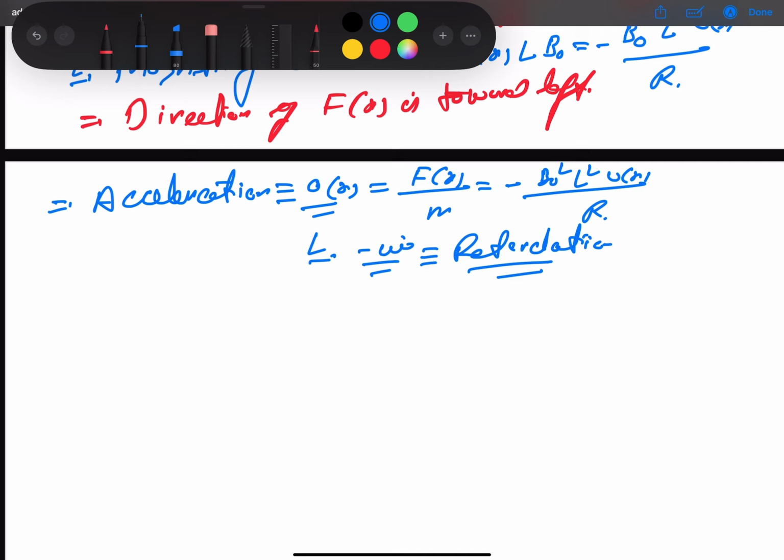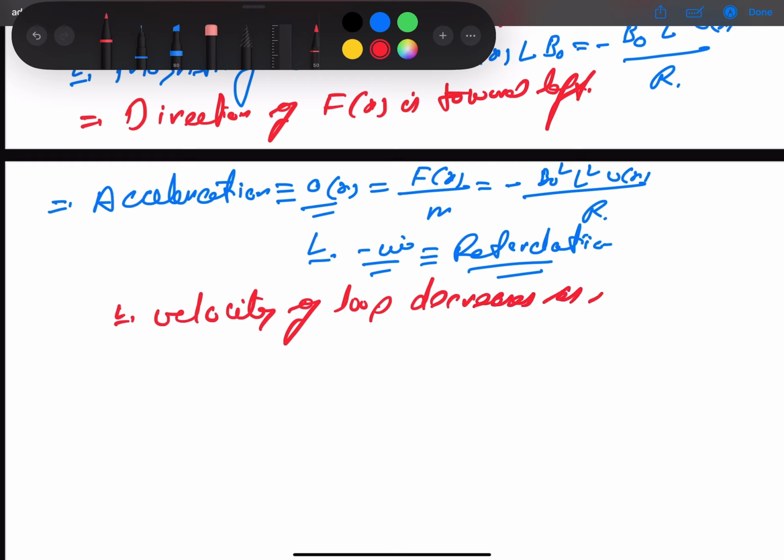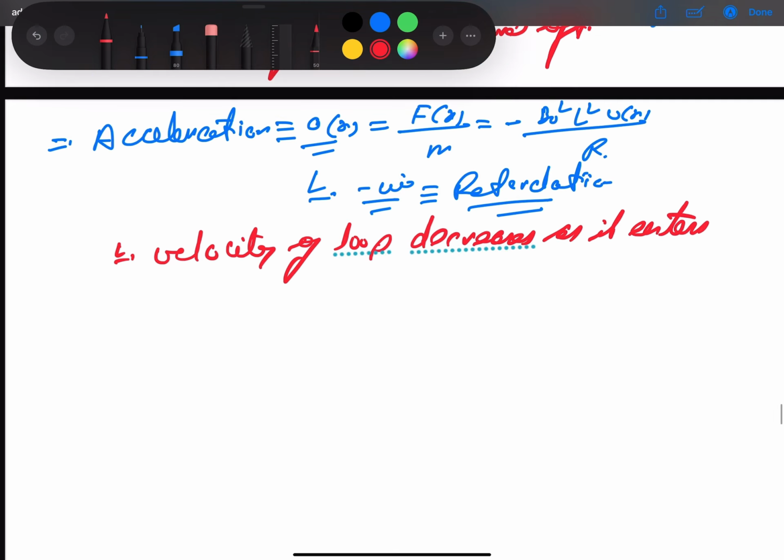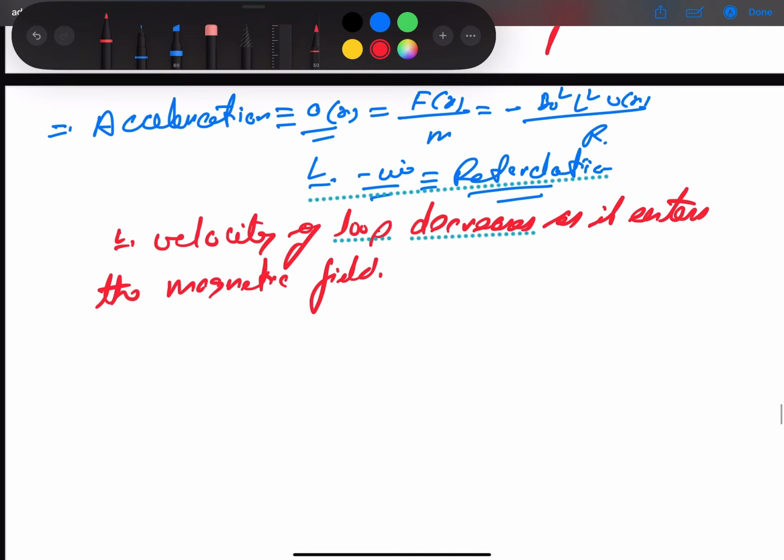You can say that the velocity of the loop decreases as it enters the magnetic field. And we can further solve it.